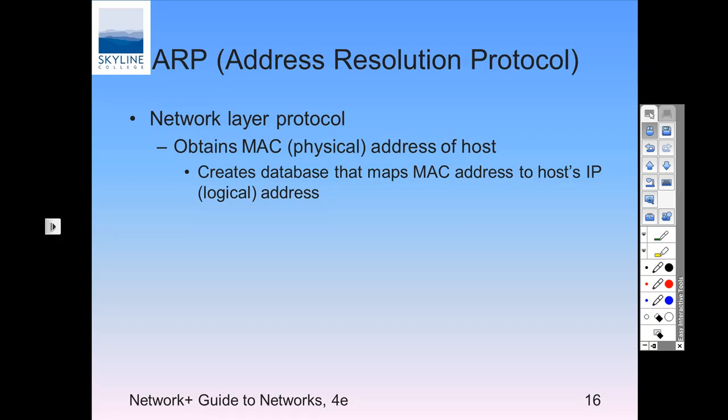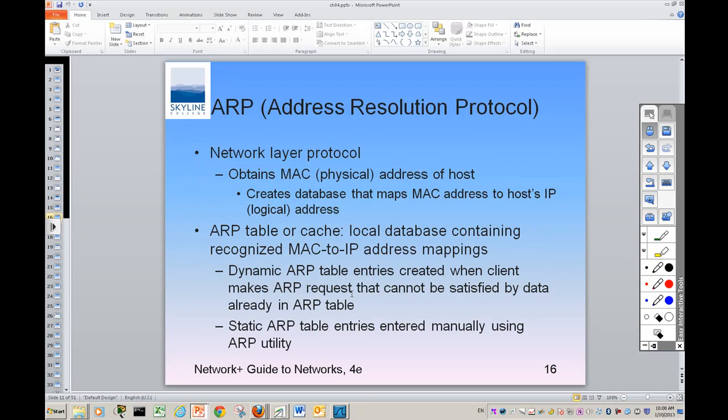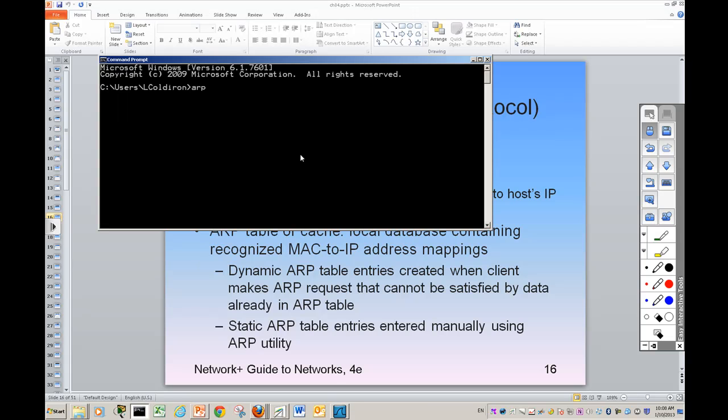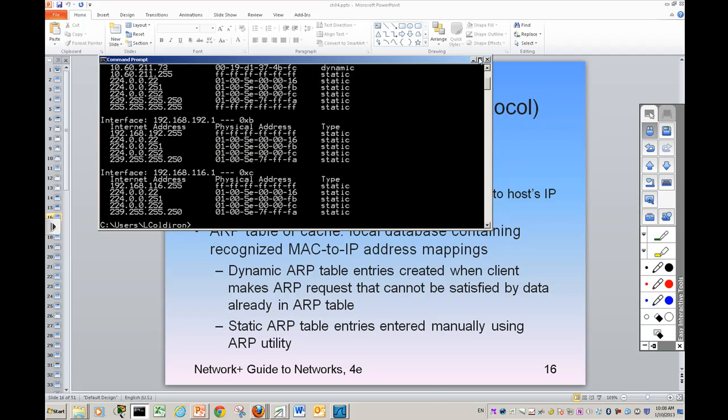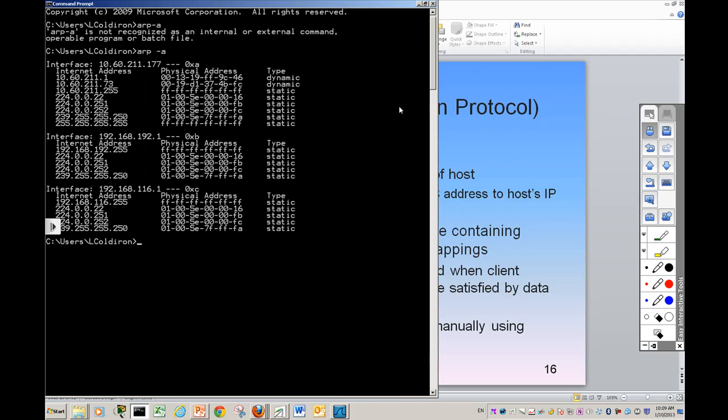Has anybody ever looked at the ARP protocol? No. Let me see if I can do this here. arp -a, if I look at that, it tells me where I'm trying to find things.